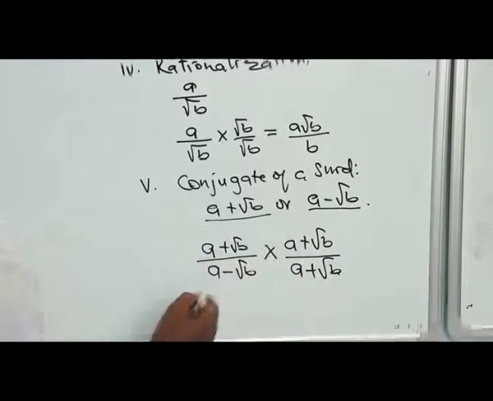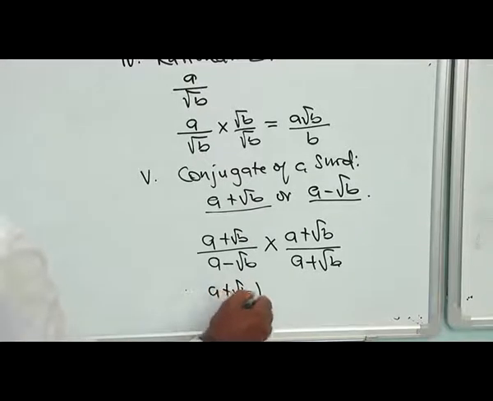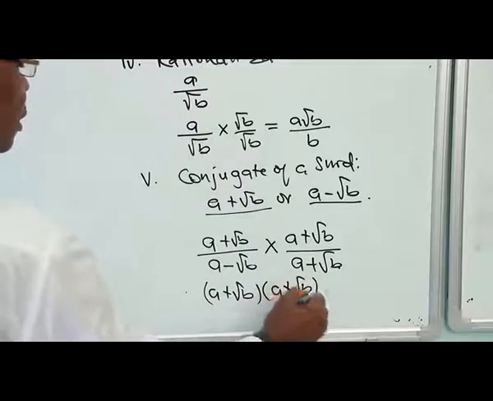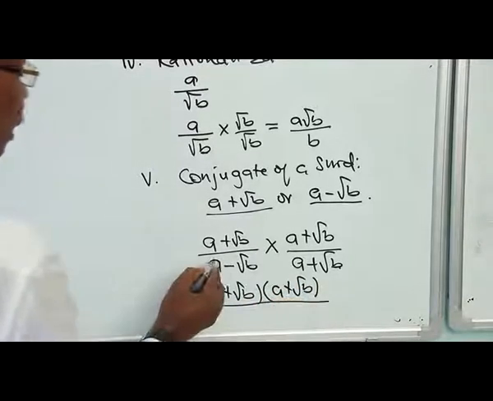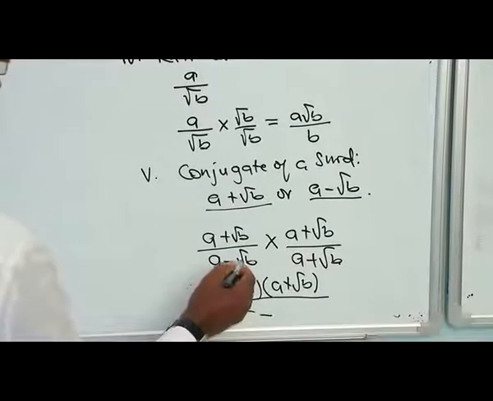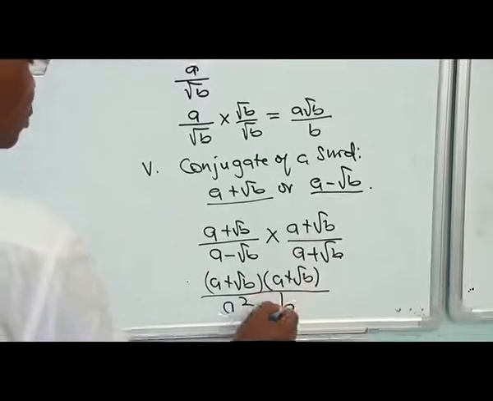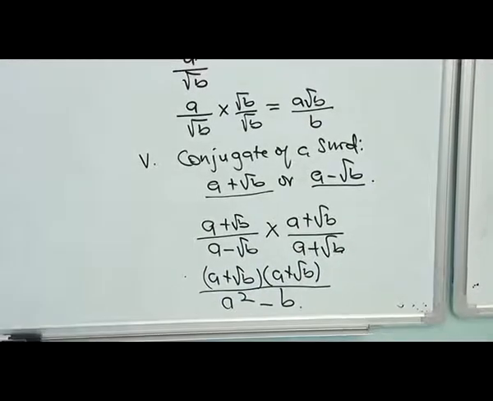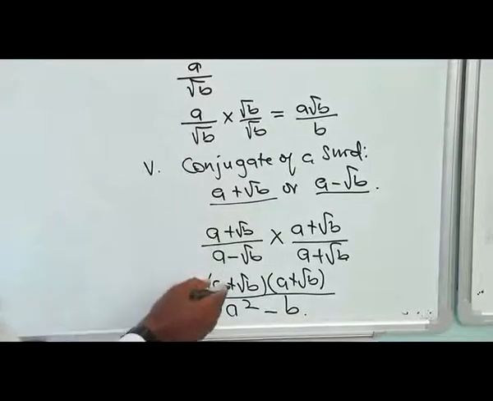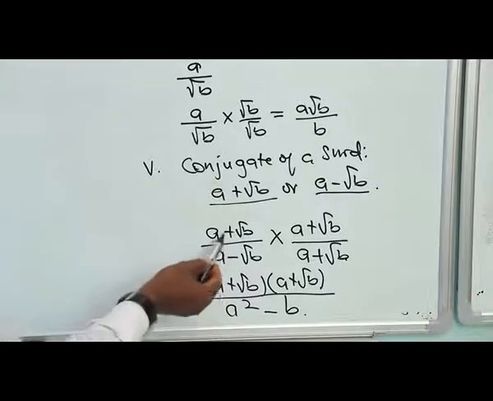By the time you do this, you will now have A plus root B multiplying A plus root B, everything all over A times A is A squared, and then minus root B times root B will be equal to B. You have made it a rational value. This is what we use the conjugate of surd to do. We use it to rationalize a surd of this type.